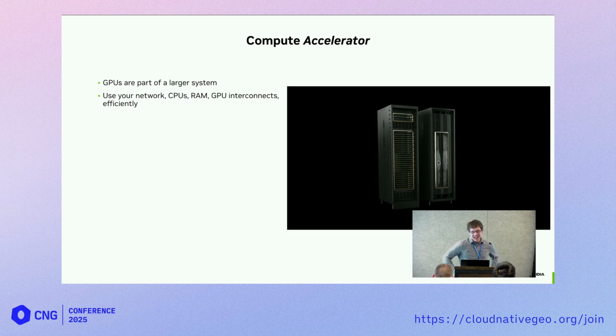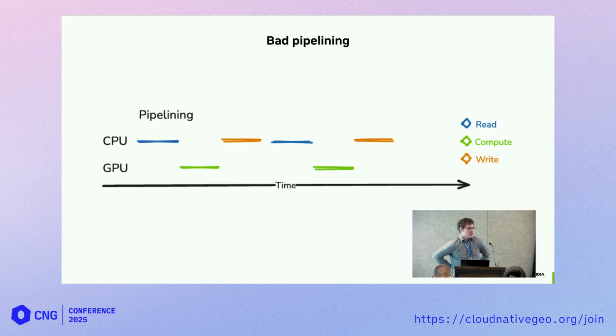I assume most people are using a single node or maybe a few nodes with multiple GPUs in it, but either way, whether you're using a single node or this fancy thing, it is part of a larger system that has a network interface card in it. As well as CPUs, it has RAM, both on the host side and the device side, and GPU interconnects. If you're running these from the cloud, you're paying for all these things, so you might as well use them all efficiently to maximize your throughput or whatever your goal is. So one key strategy there is pipelining.